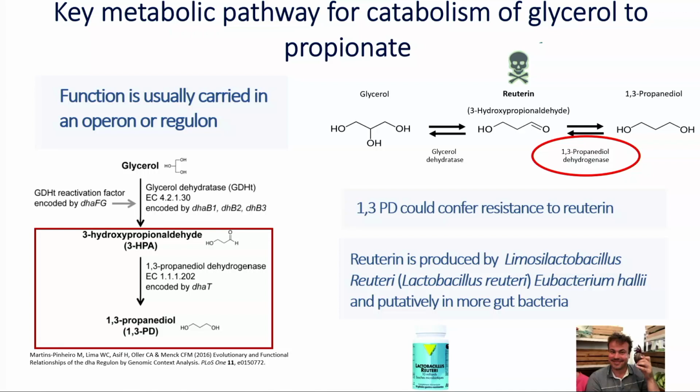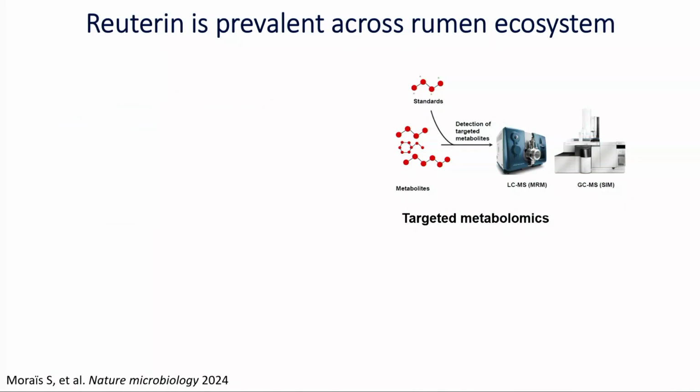More importantly, this guy called Professor Jens Walter, or Jens, is a friend that actually works with this microbe, because you cannot buy reuterin. So he sent me the microbe, and he also sent a protocol on how to extract reuterin. And what we did with that, we extracted it, and we created a targeted metabolomic approach where we can actually measure reuterin in the environment, asking how relevant it is in the ecology of this environment.